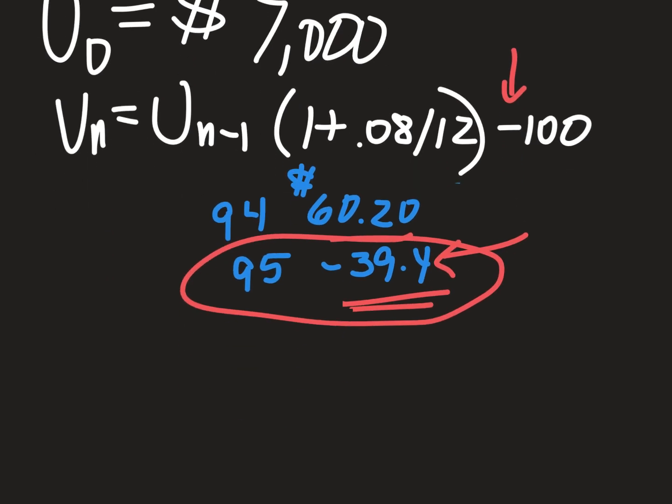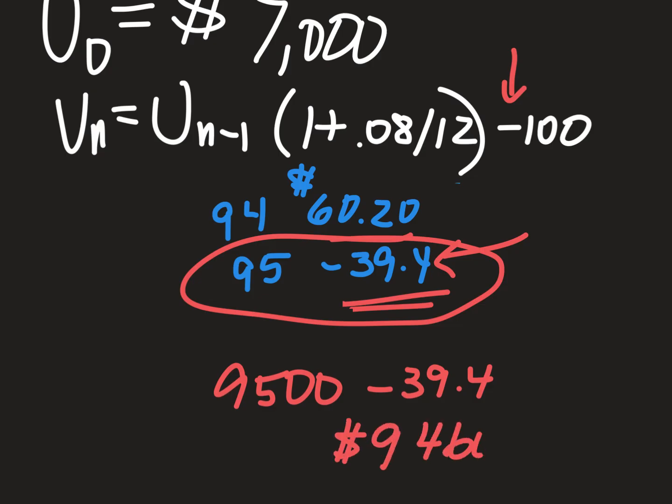All right. It is the 9,500, but then I heard a bunch of you say it. You're right. You have to subtract off the 39.4. Your grand total comes up to $9,460.60. Okay. Now, that's what the bathroom would have cost with interest.